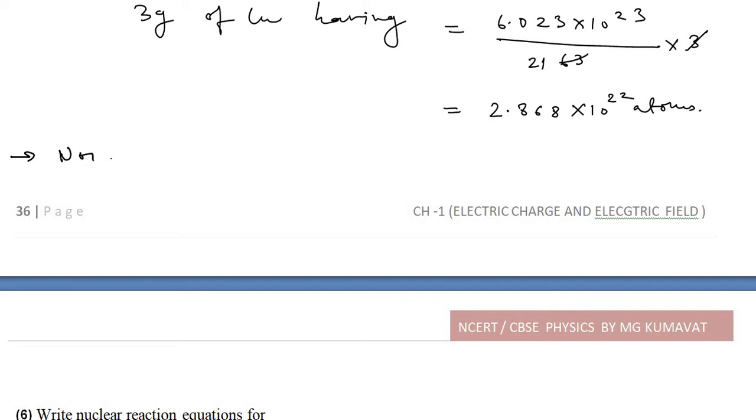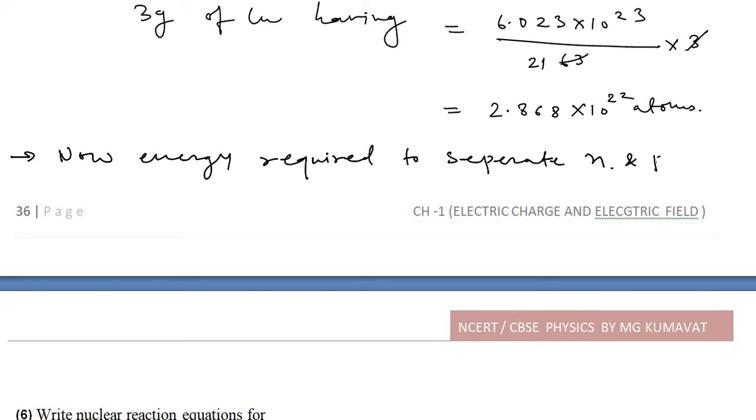Now the energy required to separate neutrons and protons from 3 gram of copper is simple.